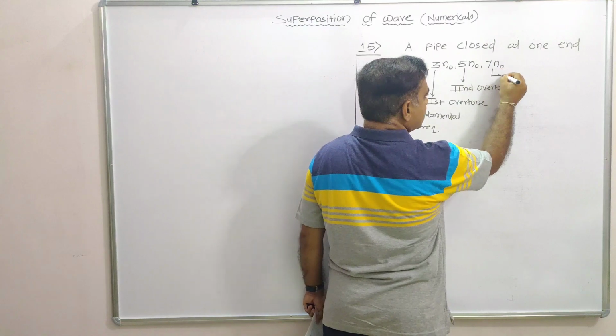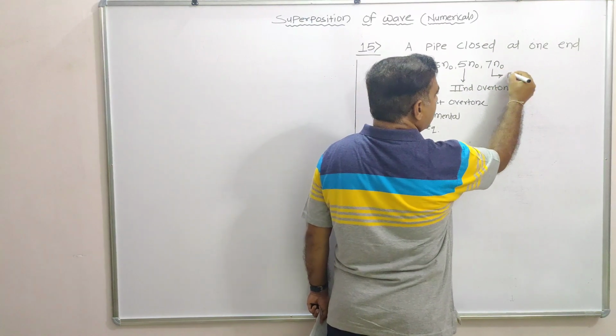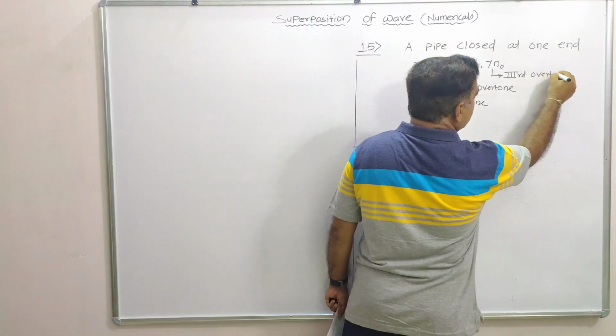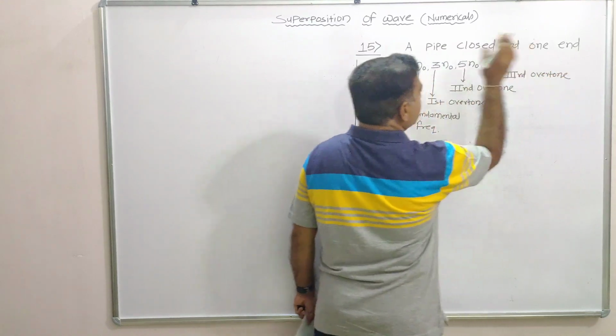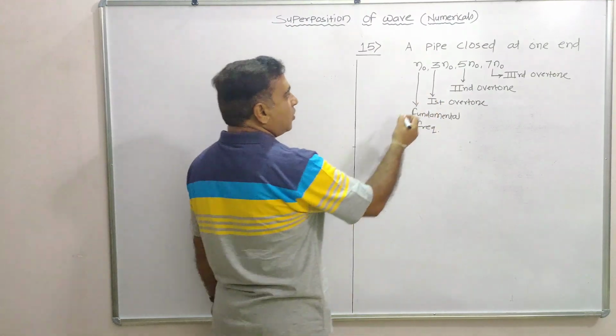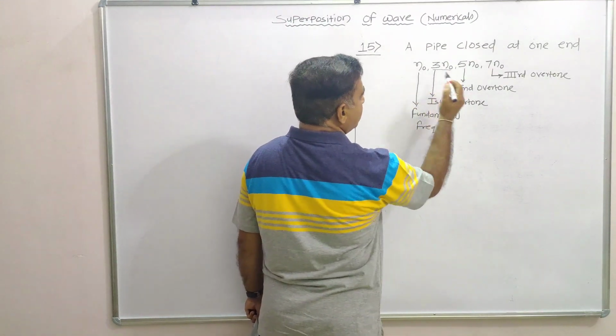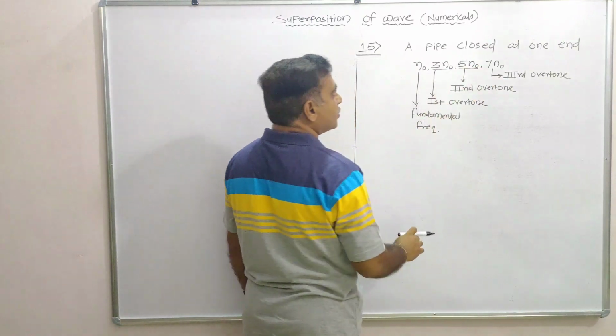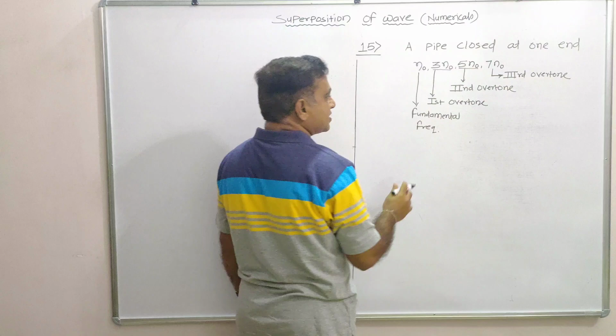The third overtone is the seventh harmonic. So all these frequencies are given for the first and second overtones of a pipe closed at one end.